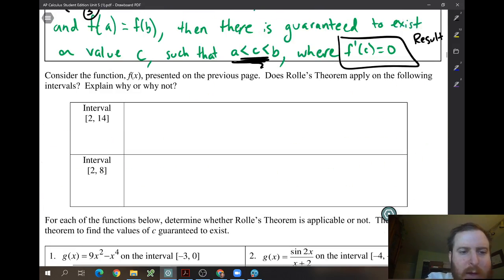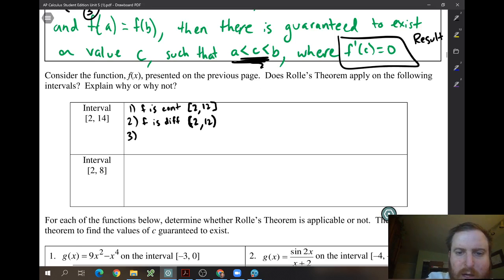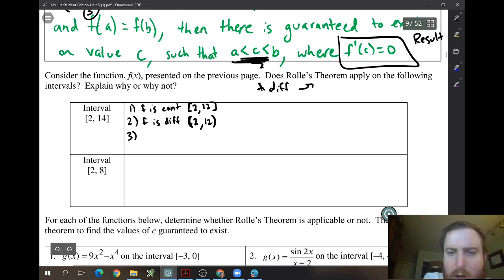If we were thinking about the three conditions, right? f is continuous on 2 to 12, every single point existed. f is differentiable on 2 to 12. Remember, the way we're going to figure out if it's differentiable or not from the graph, and this one uses parentheses like we talked about, just as a reminder, from an f graph we want no corners and we want no cusps.